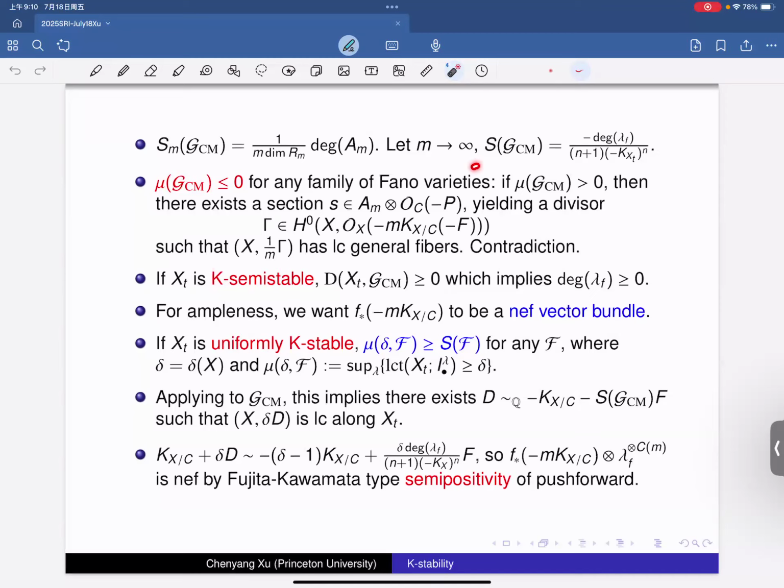Then of course you take the limit. Remember, the same line bundle is the leading term of this expansion. Then you just get the negative of the leading term of the expansion, so you get this formula. This is relatively easy to calculate.